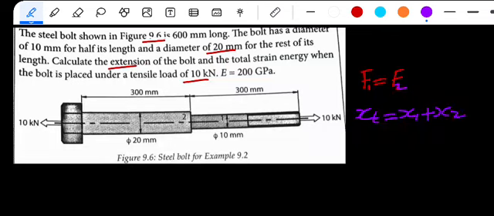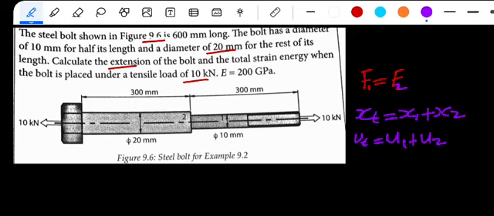Also, the total strain must be the strain of the first section plus the strain of the second section. These are the three things you're supposed to know if you are given series bars.